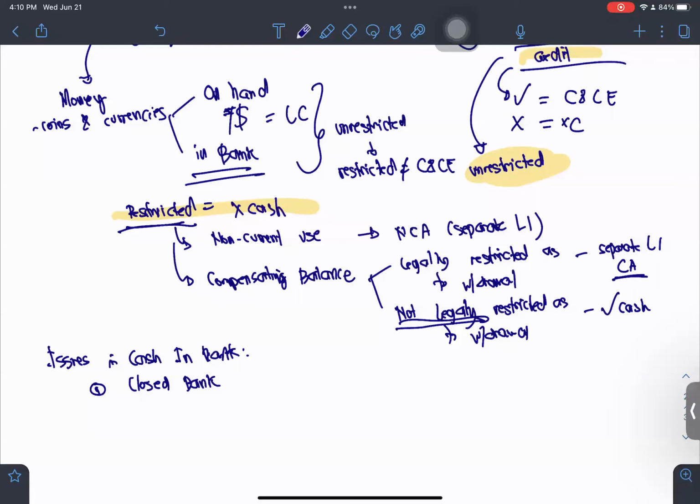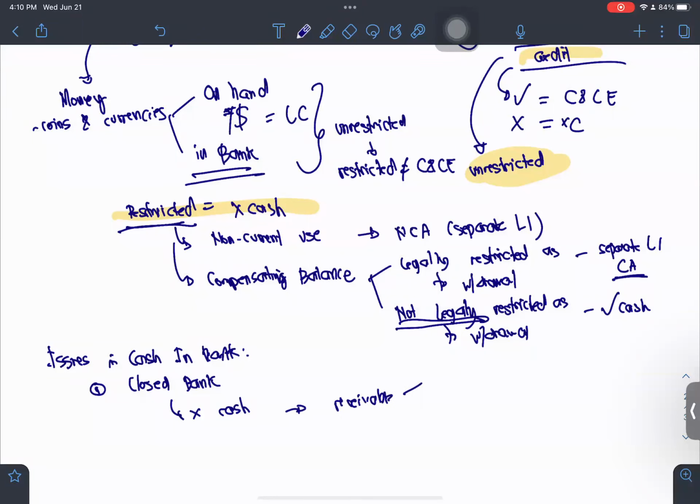What happens in a closed bank? Whenever the cash is in a closed bank, it means that it is not already part of cash. Why? Because it will become a receivable.